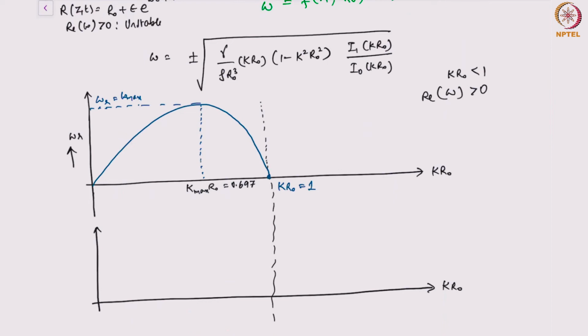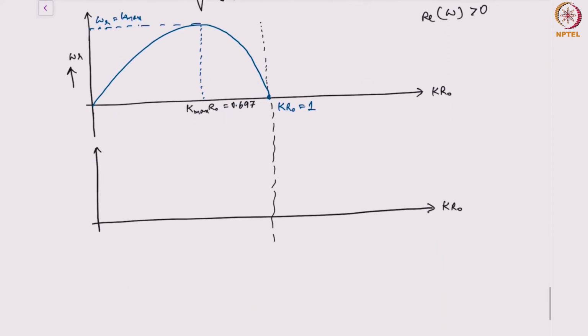Alright. So when you have two positive real roots, you do not have an imaginary part, but beyond this you have imaginary solutions, which means that once you have k r naught greater than 1, you have an oscillatory solution.